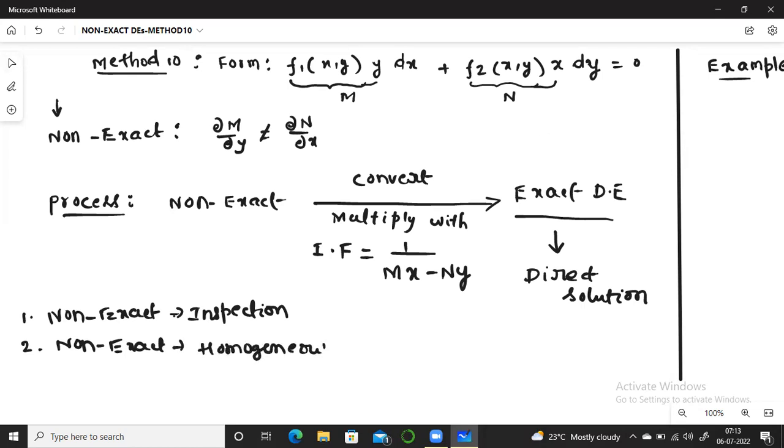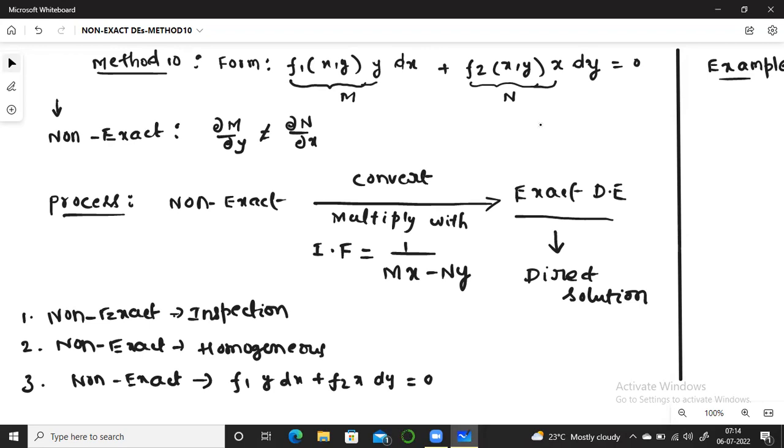Now the third thing, which we are doing now, is method 10: non-exact but available in this form, f1 of some function into y dx plus f2 into x dy is equal to 0.